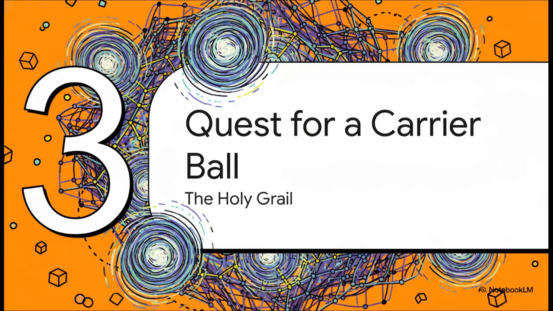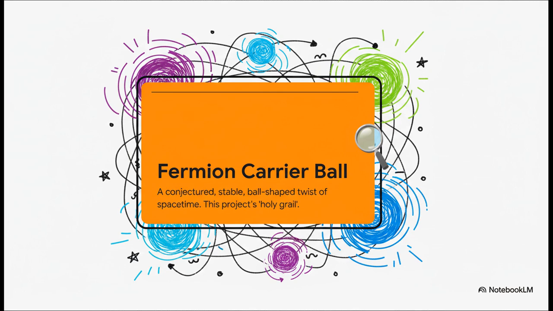All right, so this brings us to the main event, the absolute holy grail of this whole project. It's a scientific quest, a hunt for one very specific and incredibly important shape. What they're looking for is something called a fermion carrier ball. The idea is that this is a perfectly stable, self-contained, ball-shaped twist in that space-time fabric.